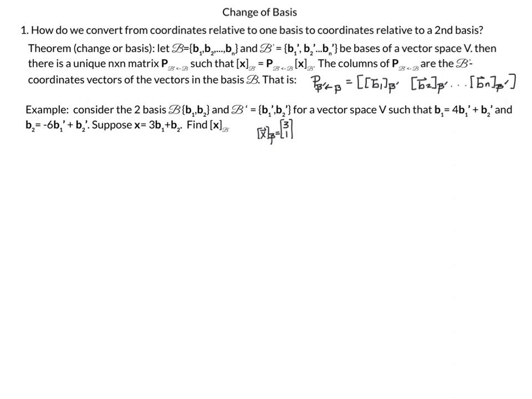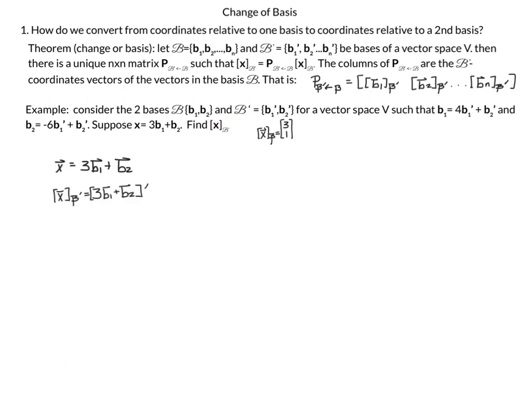Now the problem is, suppose we have a vector x also in the vector space V such that x is equal to 3b1 plus b2, so it's written in terms of basis B. Just to be clear, the vector x is equal to the vector 3, 1 in terms of this basis here. Now we want to find the coordinates of x relative to B prime. We are going to start just by rewriting this.